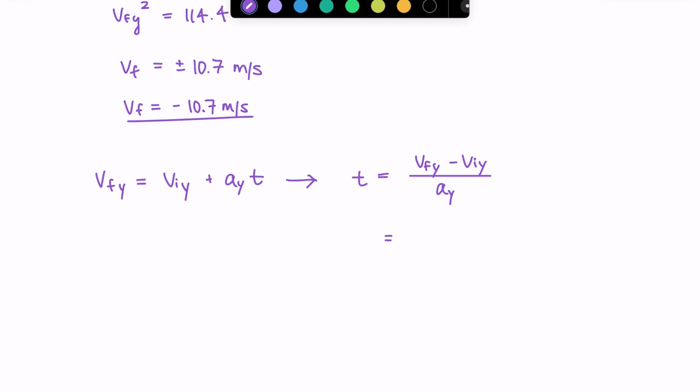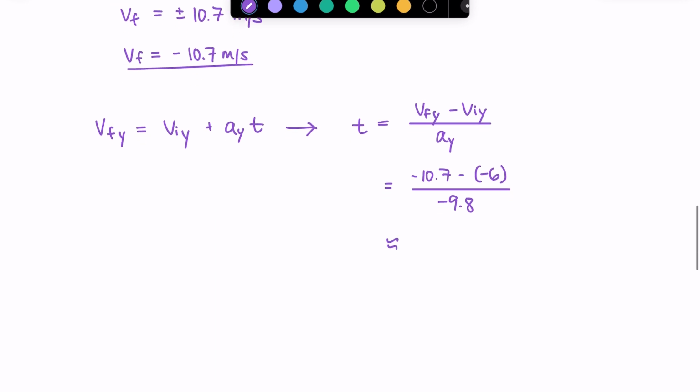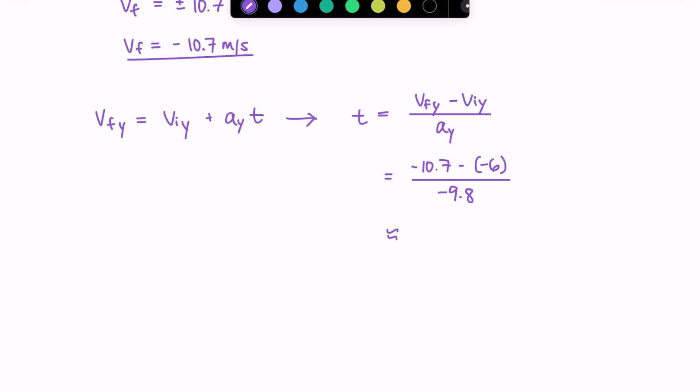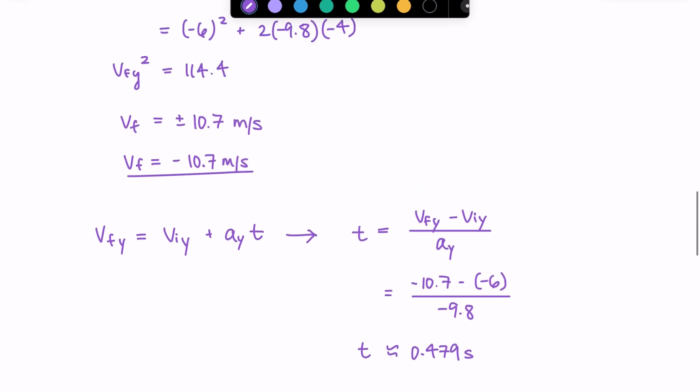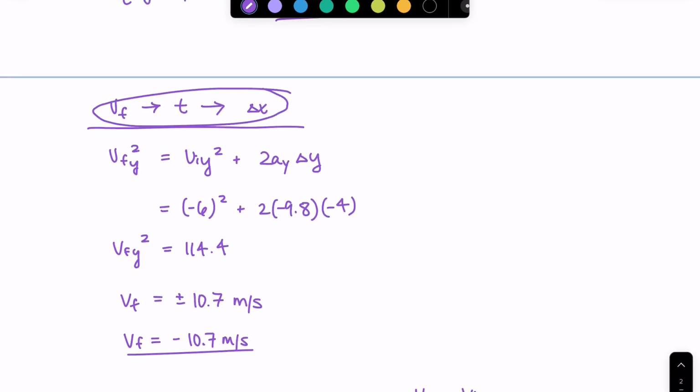Plugging those in, we've got negative 10.7 minus negative 6. Watch out for the signs. It's going to end up being negative 10.7 plus 6 divided by negative 9.8. And plugging that all in is going to give you 0.479 seconds.